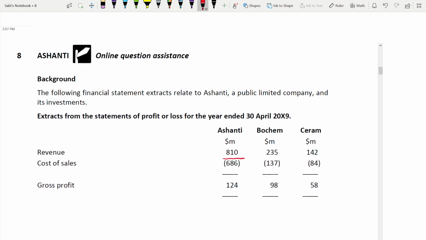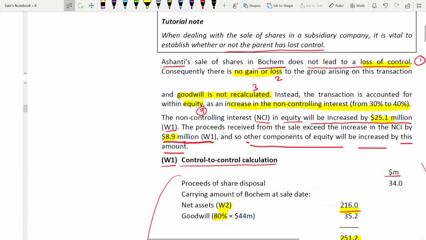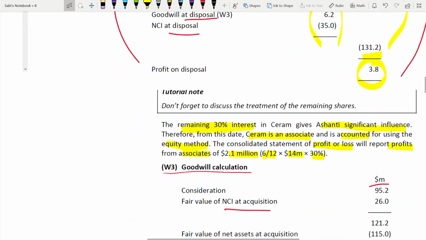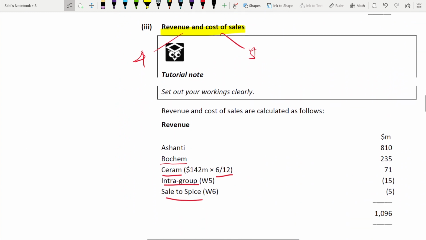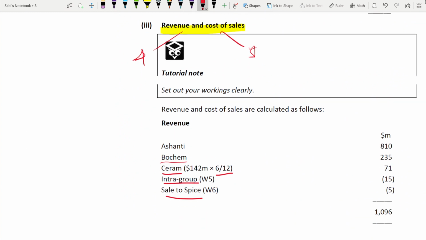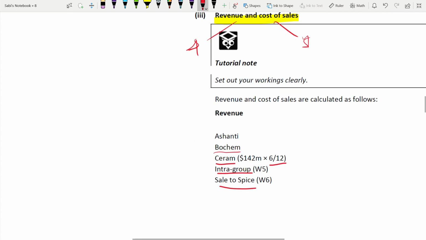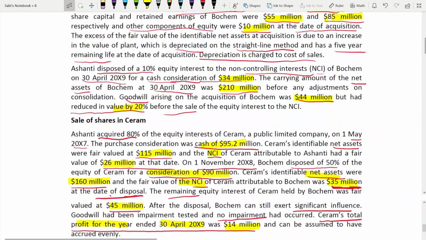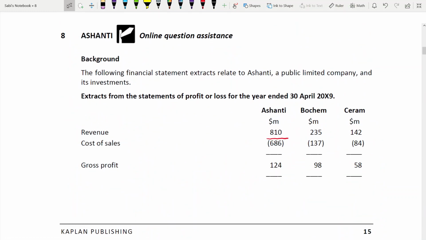Okay, Ashanti's 235 from Bokum. So we can take Bokum also, 235 completely. Even though they have sold, they have the control. Here also we can take full. But coming to Serum, 6 months of 142. That is the sale of Serum, which is 142.